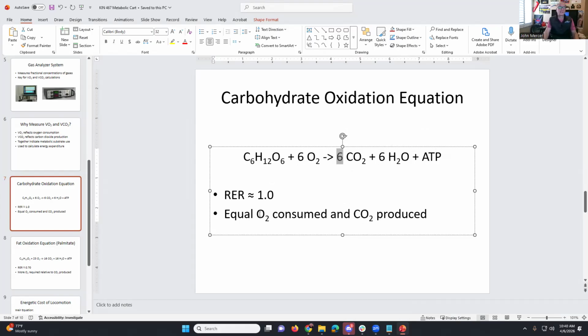And that indicates that equal amounts of oxygen are consumed and CO2 is being produced. And this would be representative of carbohydrate as the substrate being used to generate the ATP that's ultimately used in cross-bridge formation and generating force.